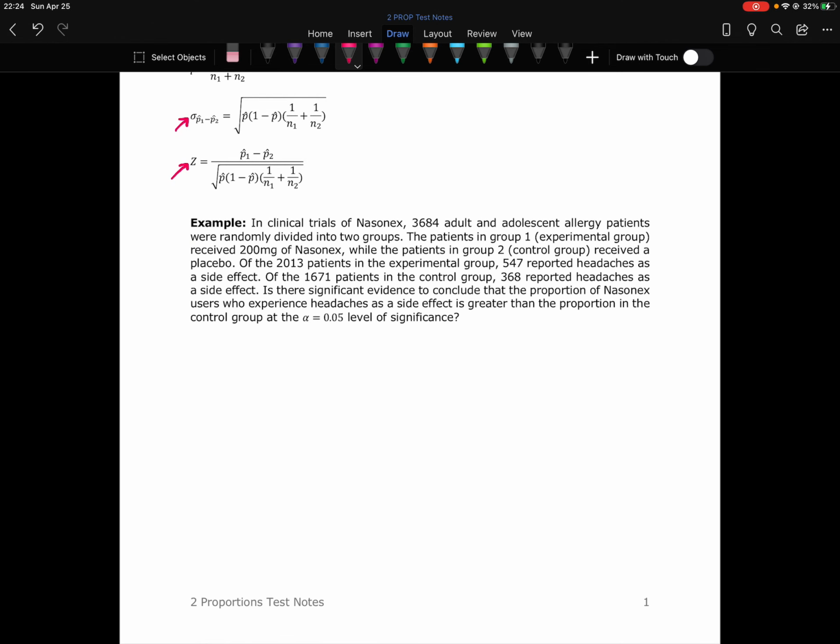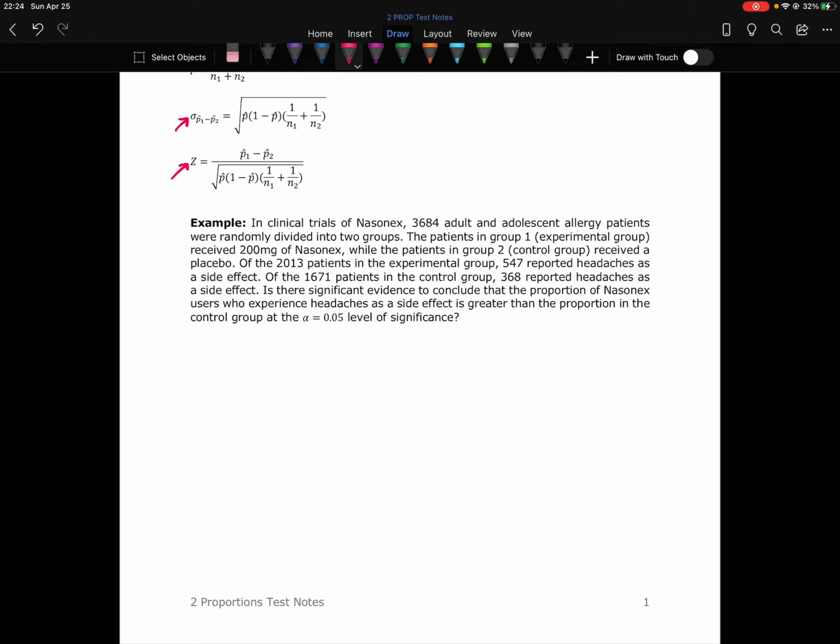So in clinical trials of Nasonex, 3,684 adult and adolescent allergy patients were randomly divided into two groups. The patients in group 1, the experimental group, received 200 milligrams of Nasonex, while the patients in group 2, the control group, received a placebo. Of the 2,013 patients in the experimental group, 547 reported headaches as a side effect.